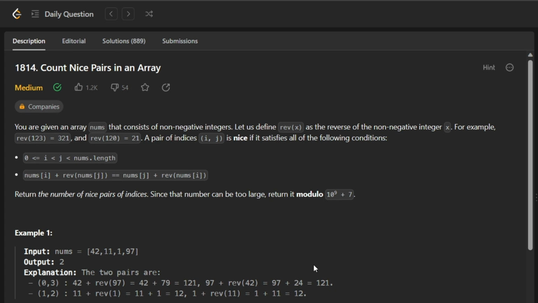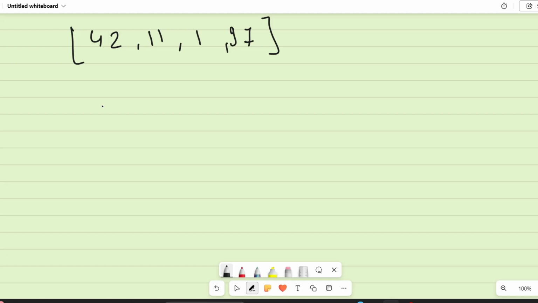So let's understand what the question is asking us to do. We'll understand this question with the first example. This is our array, and we need to reverse each number. 42, its reverse is 24, and 11, its reverse is 11 itself, and 1, its reverse is 1 itself, and 97, whose reverse is 79.